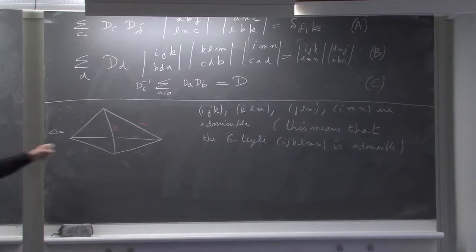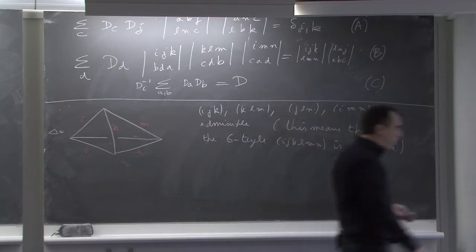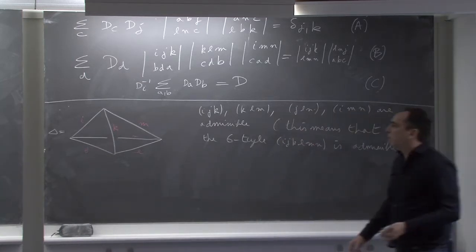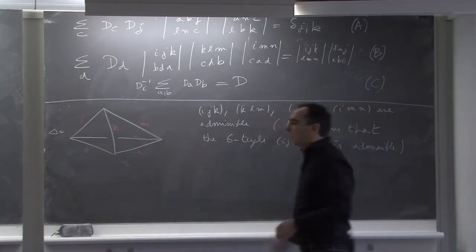Now, if we have a tetrahedron, which is colored like this, we would like to give a symbol.